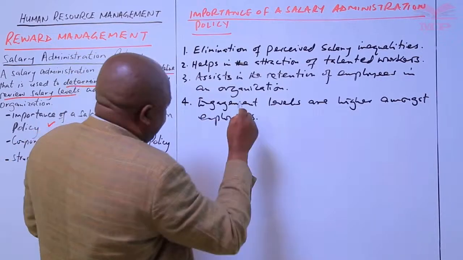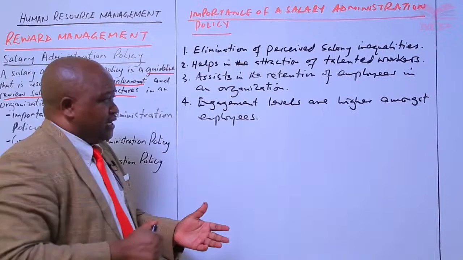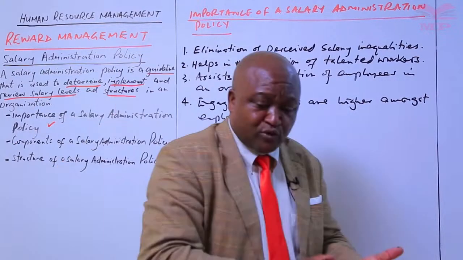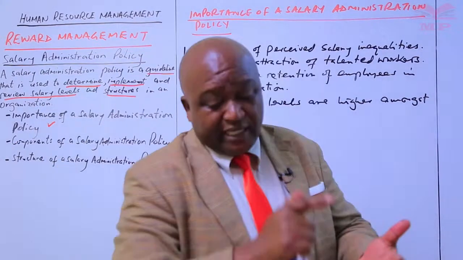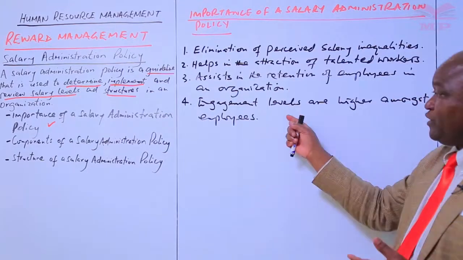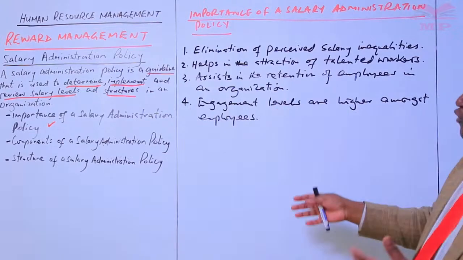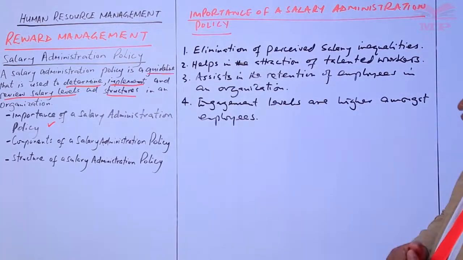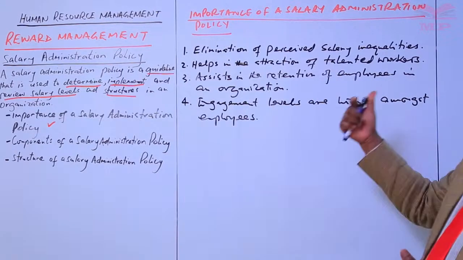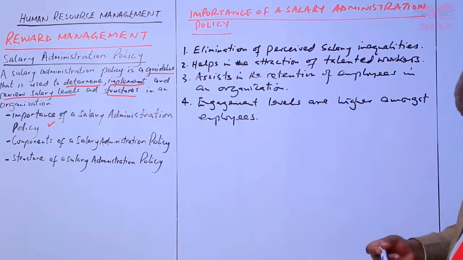So employees in an organization that has a salary administration policy, which guides in terms of, say, promotion, maybe lateral transfer, benefits and so on, those kind of employees will be engaged more in terms of their work, because they know other issues like, for example, reward management are assorted by this particular salary administration policy. So the engagement levels of staff are likely to be high.